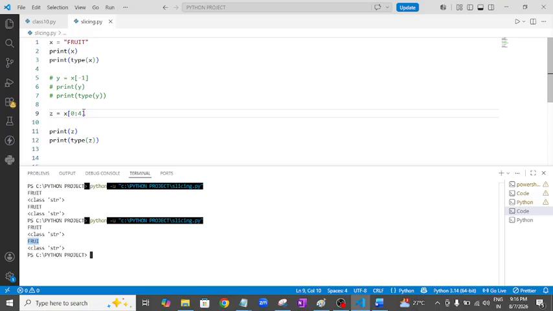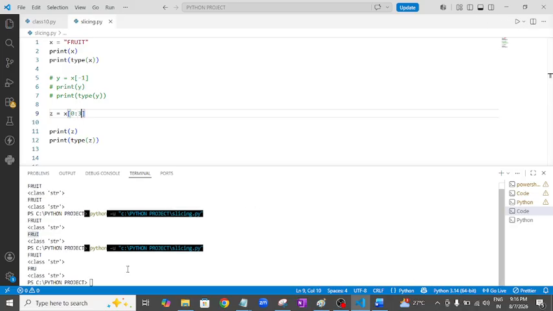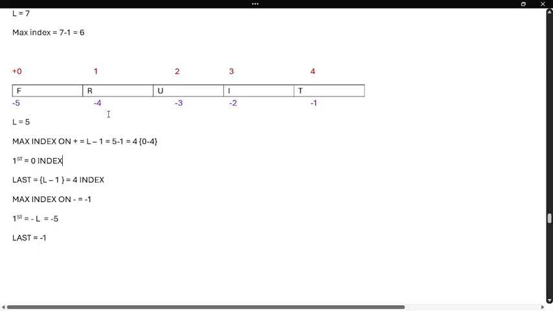I am happy now. Sir, if I go with 3, definitely it is going to start from 0 and end at the third character.